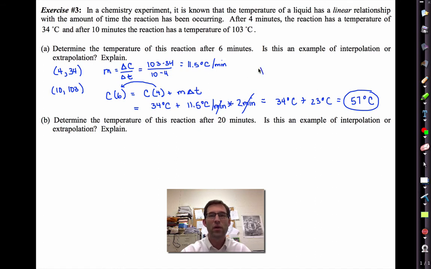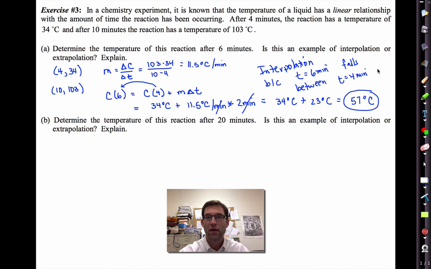Now, that's an example of interpolation, because t equals 6 minutes falls between, or inside, t equals 4 minutes and t equals 10 minutes.